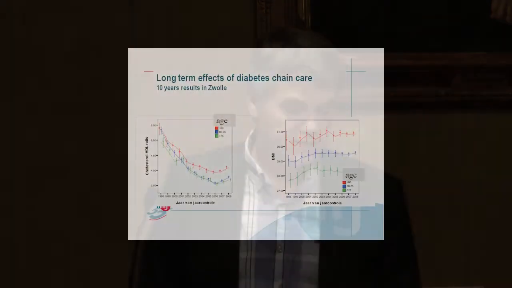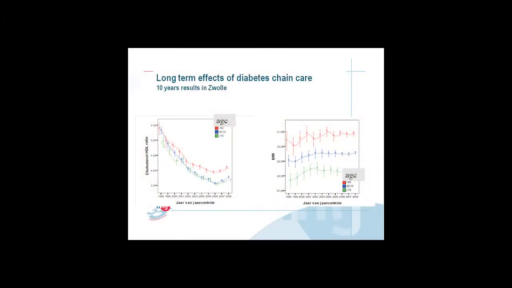There's quite some improvement, I must say. If you look at the cholesterol, HDL ratio level, you see the same going down, but you don't see it in the BMI. That stays more or less the same, or even goes a bit up in those years.